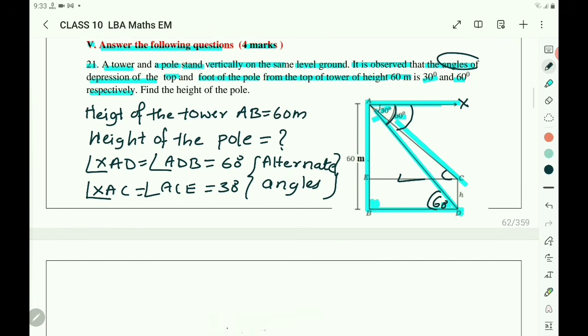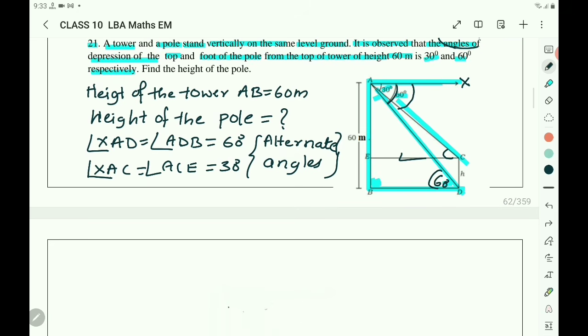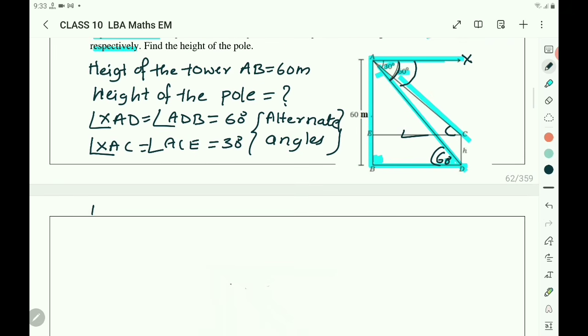Now you take this triangle. In triangle ABD, AB is given, that is the opposite side. BD is to be found out, that is the adjacent side. Trigonometric ratio with opposite side by adjacent side is tan theta. Then you write in the right angle triangle ABD, angle ADB, tan 60 degree equals opposite side AB by adjacent side BD.